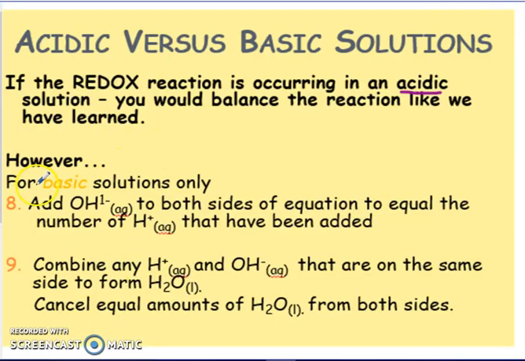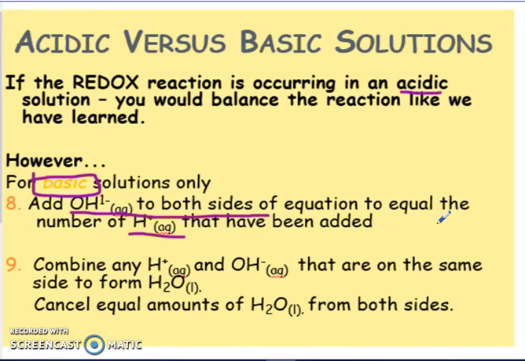But if something is in a basic condition, and of course the question would have to tell you, what you're going to do is add 1 hydroxide ion for every hydrogen ion that you had to add to balance. And you don't add it to just one side, you add your hydroxides to both sides. This is not going to make much sense until you see it happen. So let's say you had to add 5 hydrogens.